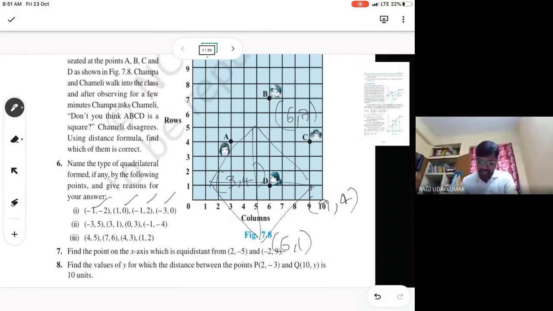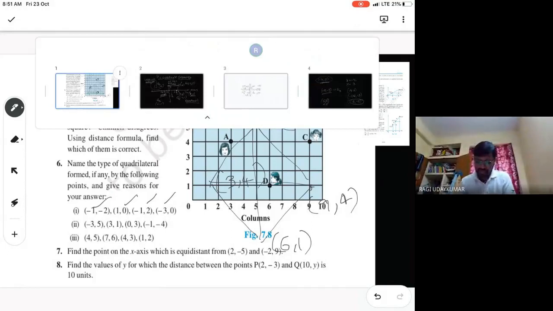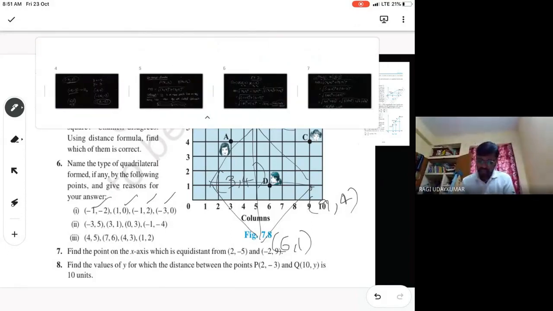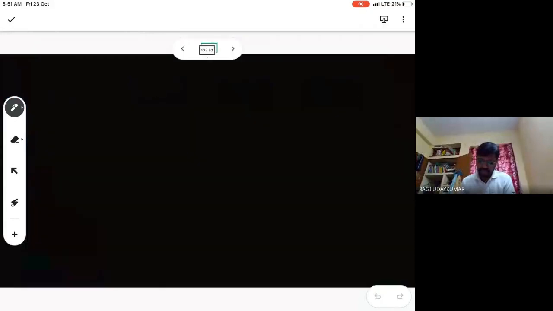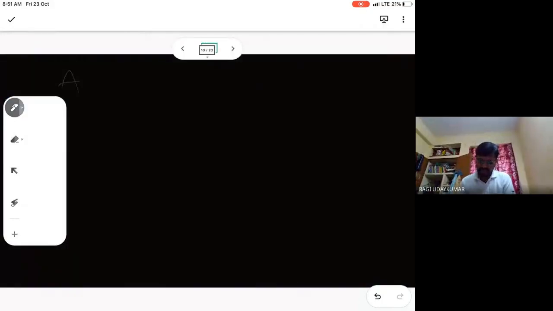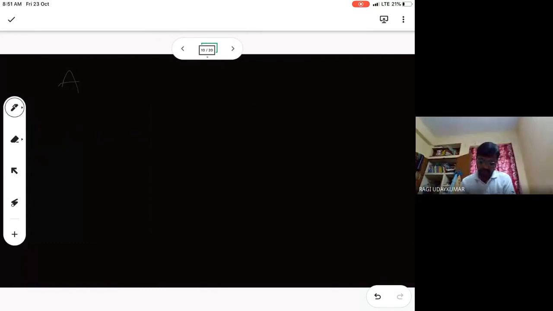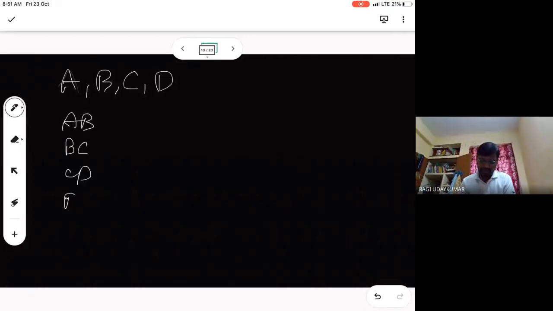Suppose here I am going to write here. If you consider the points A, B, C, D, एक point consider करो. That's right. A, B, C, D. What are you about to find out? AB, BC, CD, DA, AC, BD. Like this.